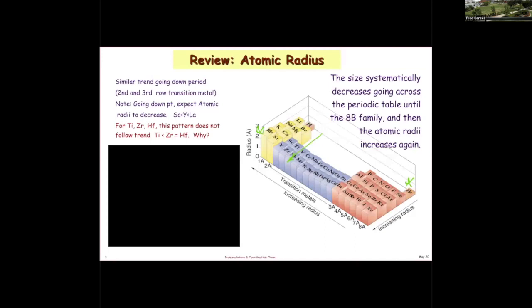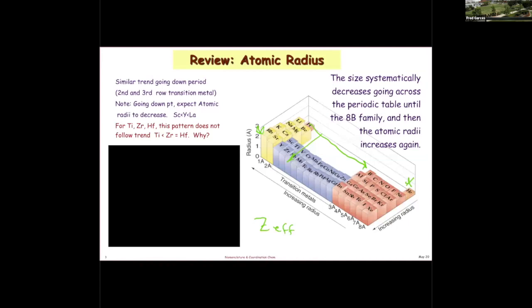As we go across, you're keeping the valence electrons within the same shell, but you're increasing the number of protons. So we have something called Z effective. Hopefully you guys remember Z effective. It's the effective nuclear charge that the valence electrons observe from the nucleus after the shielding effects of the inner electrons.